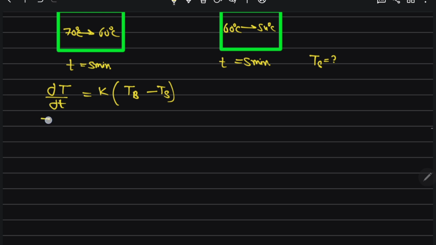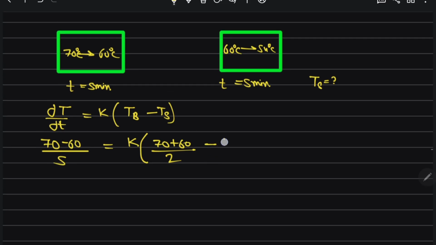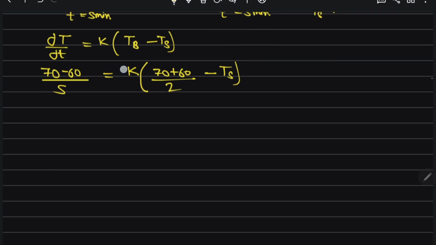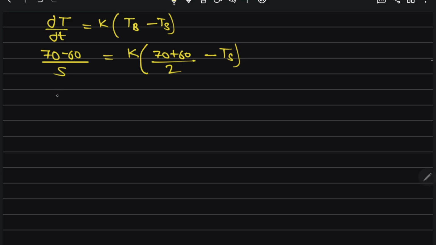So 70 minus 60 by 5 is equal to K times temperature of body, which is 70 plus 60 divided by 2, minus temperature of surrounding. So 10 divided by 5 is 2 equal to K, 65 minus temperature of surrounding. This is equation first.